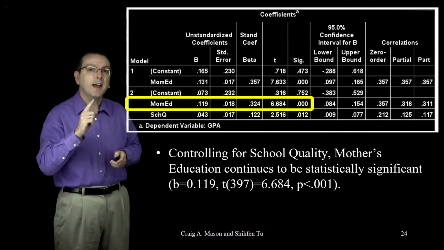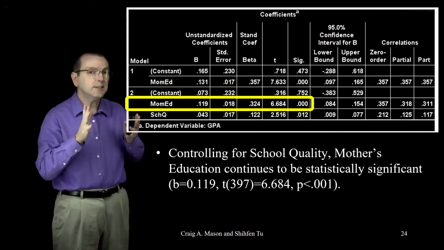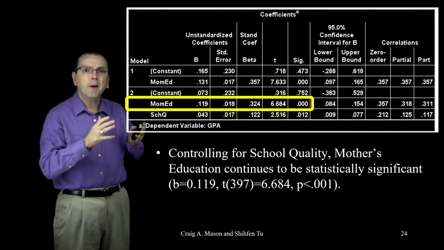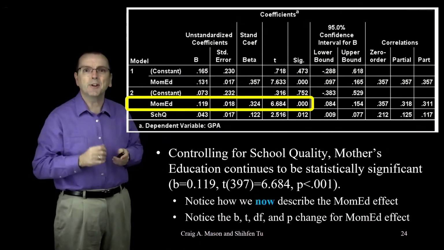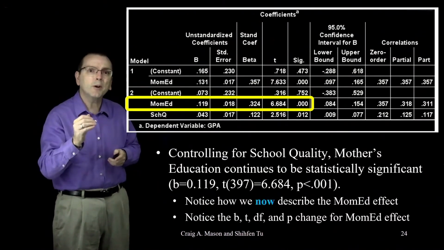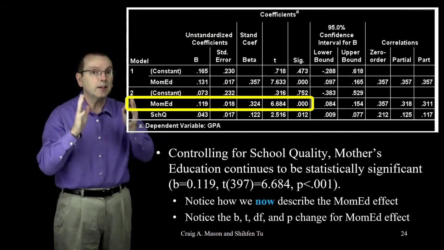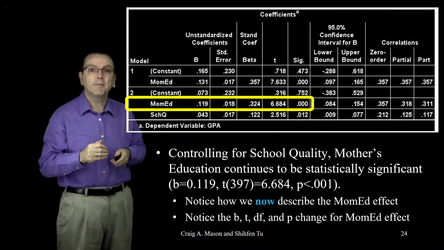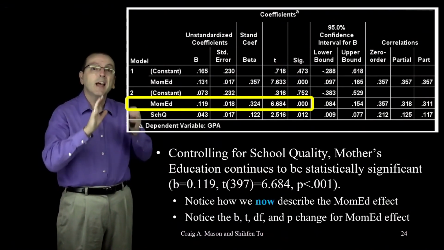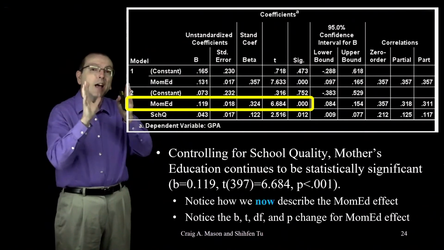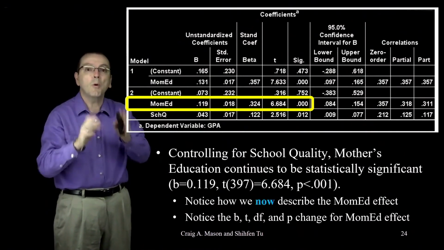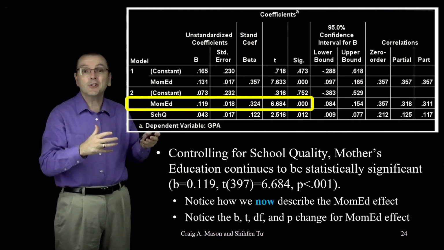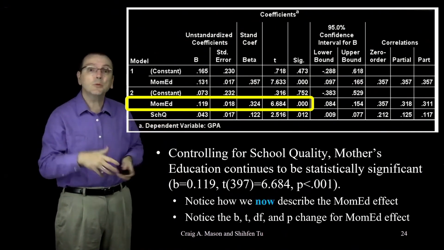Now notice that compared to Model 1, it's the same variable, mother's education, but the effect is different. That's because now it's the unique effect of mother's education controlling for school quality. It's the effect of mother's education that's unrelated to school quality. Consequently, the regression coefficient and the statistical test will change.